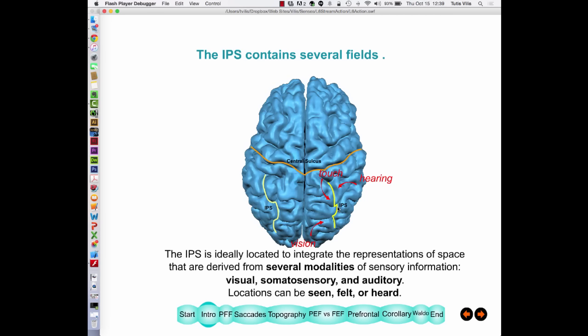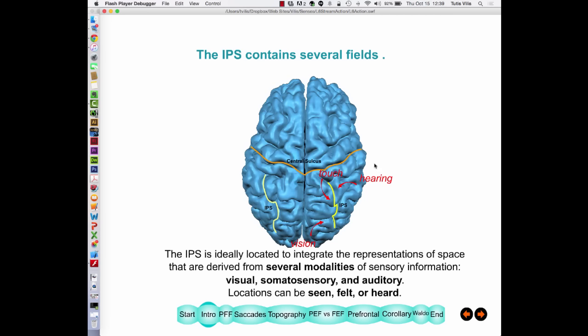Now, much of what we'll be talking about is concentrated about this sulcus called the intraparietal sulcus. And it's located here on the top of the brain. This is the front, this is the back. Vision comes in here. So this is, again, very well located to combine this information.